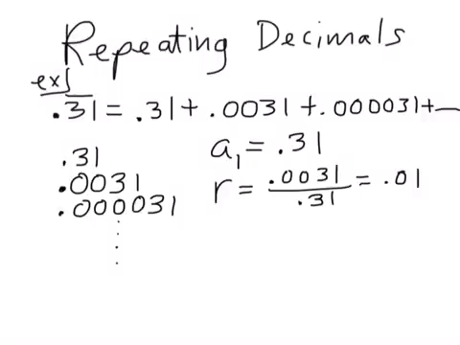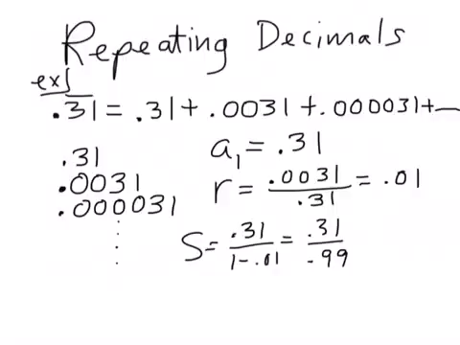In truth, any repeating decimal where 2 decimal places repeat, the ratio is going to be the same. It's going to be 0.01. If 1 decimal point were repeating, then it would just be 0.1 for the ratio. So now on to the sum. The sum is the first term, 0.31, divided by 1 minus 0.01, which is 0.31 divided by 0.99.